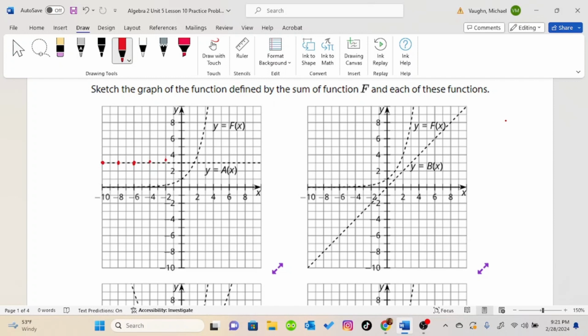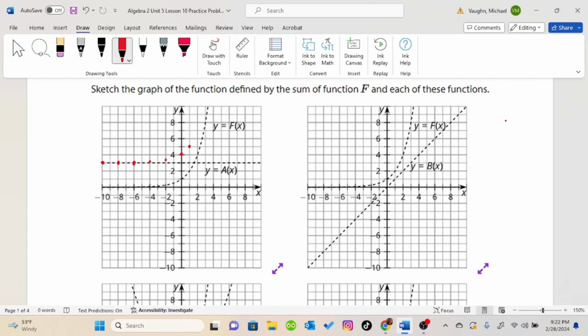At 0, we're at 1 and 3, so 1 plus 3 is 4. At 1, we're at 2 and 3. 2 plus 3 is 5.